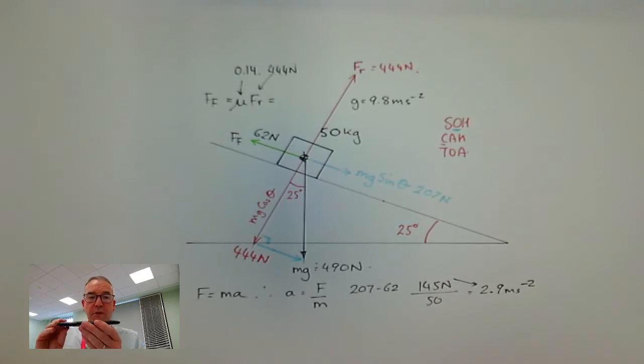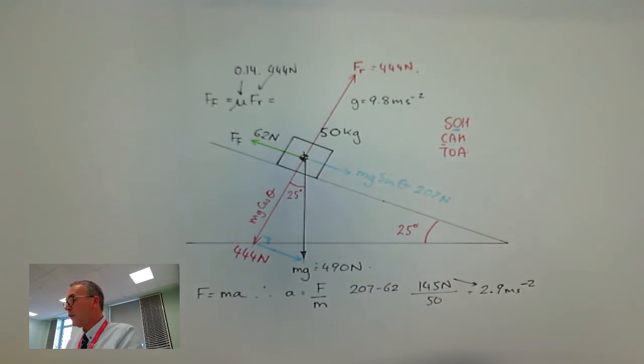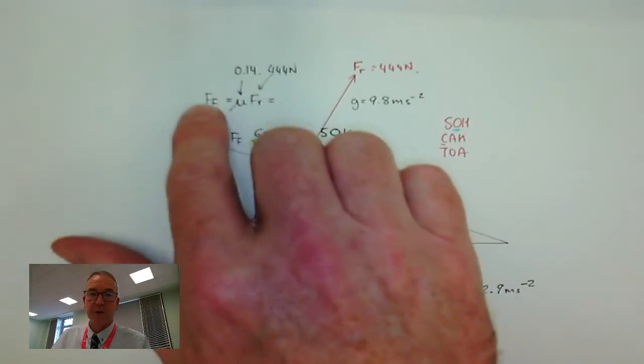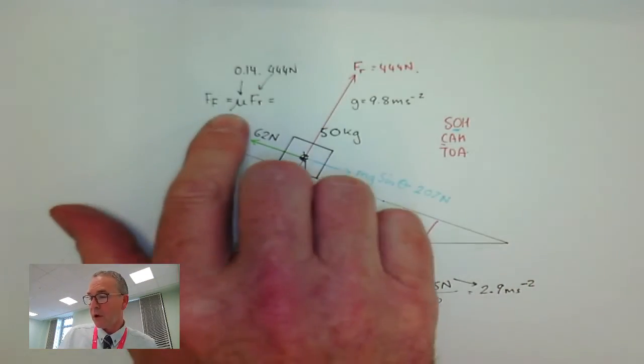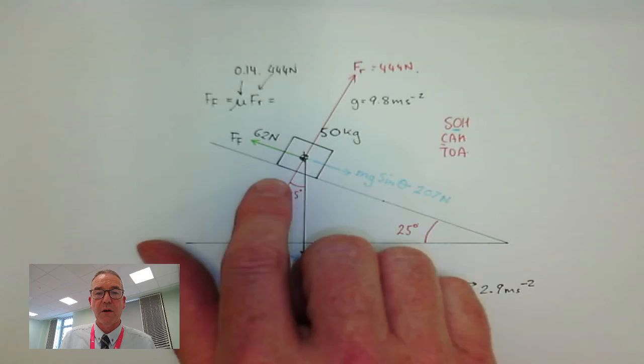If you have an object on a slope and you tip it, and this is the key thing, at the point at which it starts to move, just before that, the frictional force will have built up to be just about equal, the point where they're in equilibrium, so it's not moving. At that point where it breaks away, you've got a good idea from this angle what the force is to overcome friction. And you can then use that to reverse this equation to give you the coefficient of friction for that object on that surface.